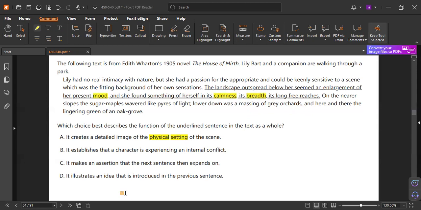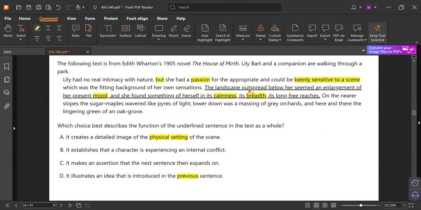But we can say it's letter D. Look, illustrates an idea that was introduced in the previous sentence. Let's go to the preface. Lily had no real intimacy with nature. Intimacy, from the word intime, in common language conversation, this means close relationship. But opposite, she had a passion for what? For the appropriate. And could be keenly sensitive to a scene.